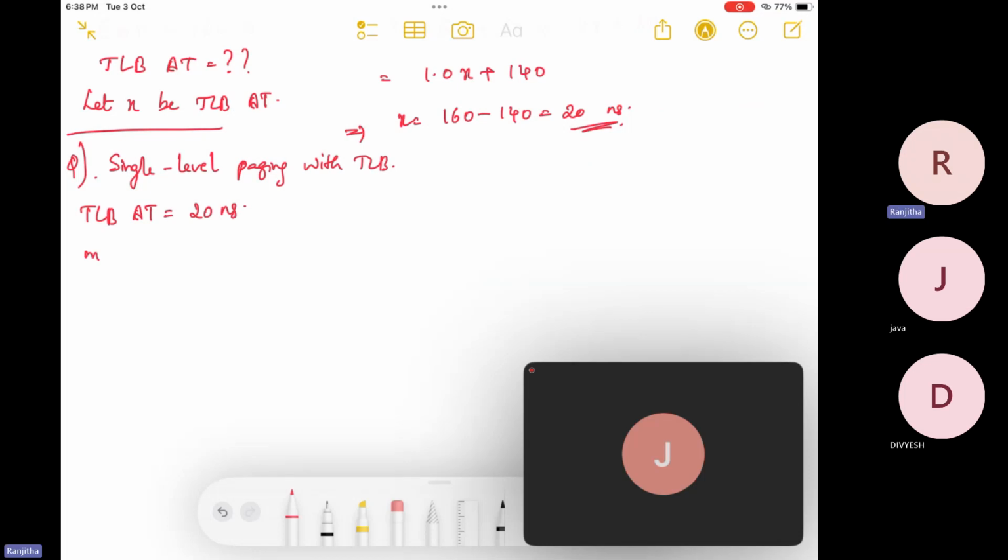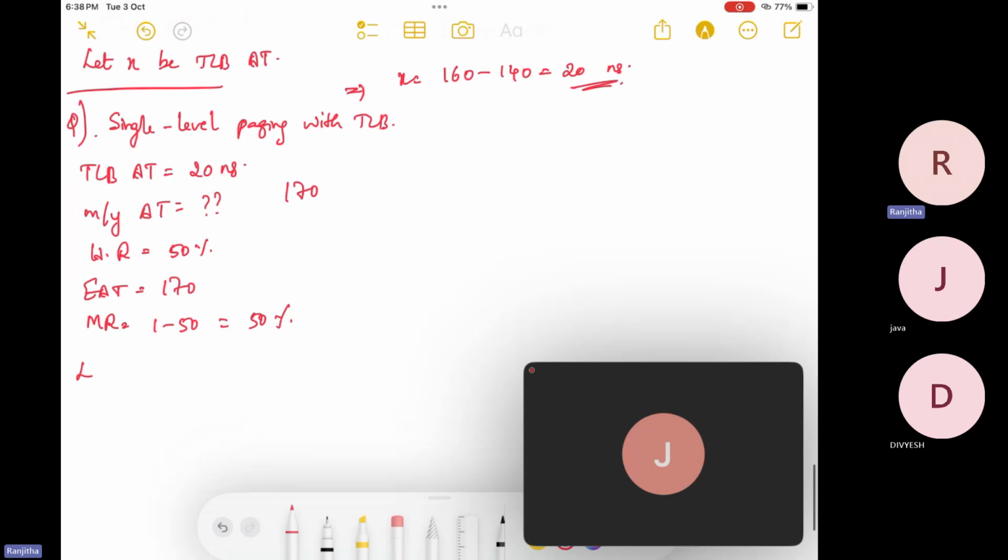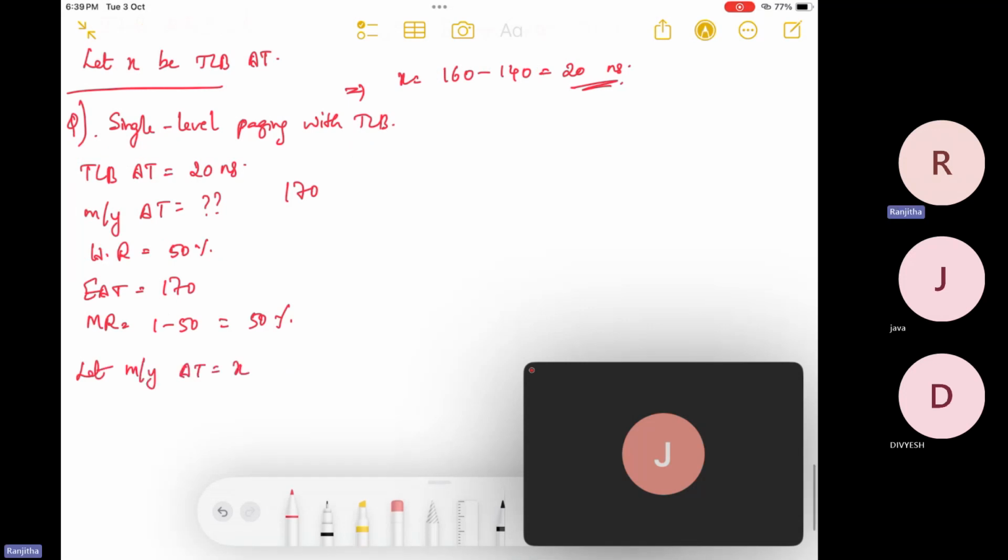Memory access time is what we need to find. Hit ratio is given as 50%. And expected memory access time is given as 170. So miss ratio will be again 1 minus 50%, which is 50%. So substituting in the formula, we'll assume that memory access time equals X.